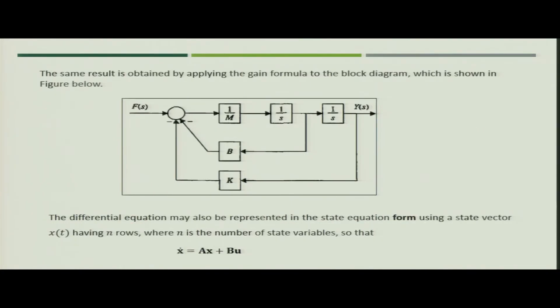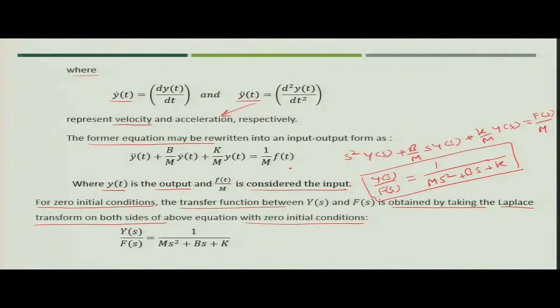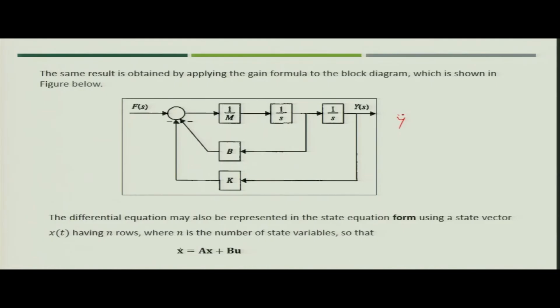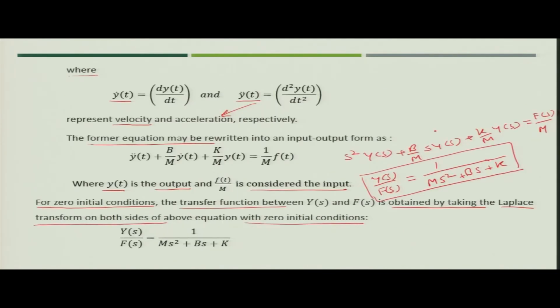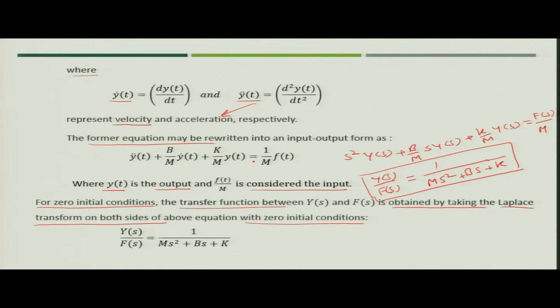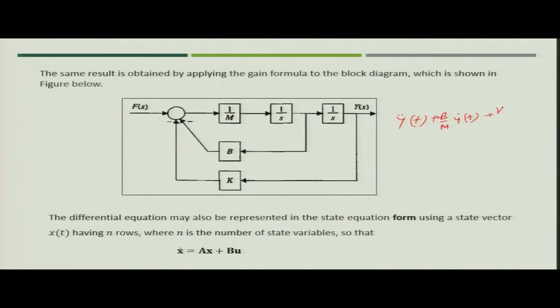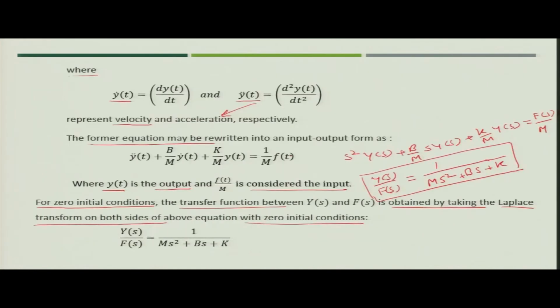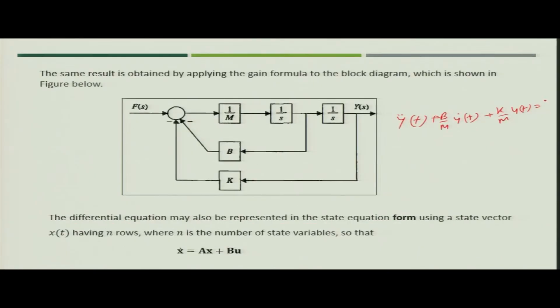Now, how will you represent it with the help of a block diagram? The equation is y double dot(t) plus b by m y dot(t) plus k by m y(t) is equal to force F(t) by m.